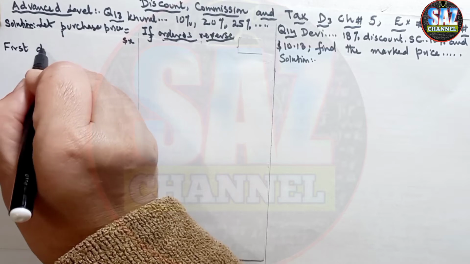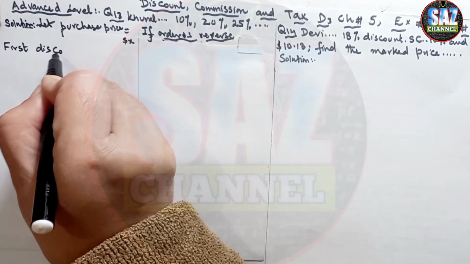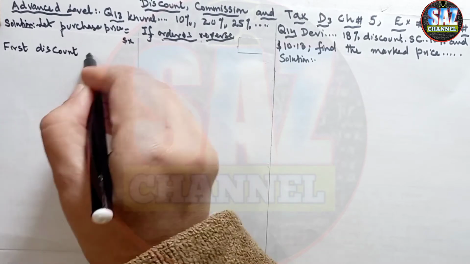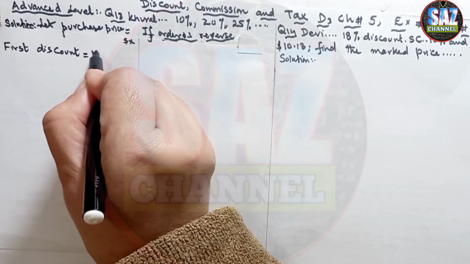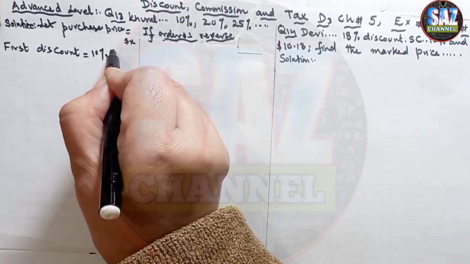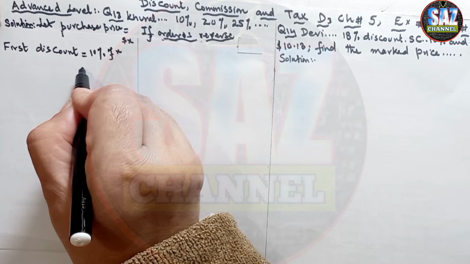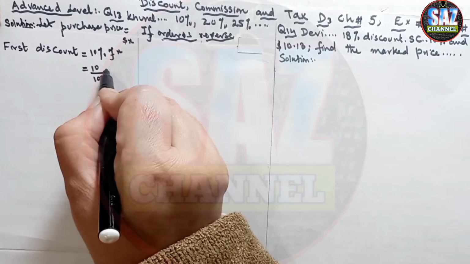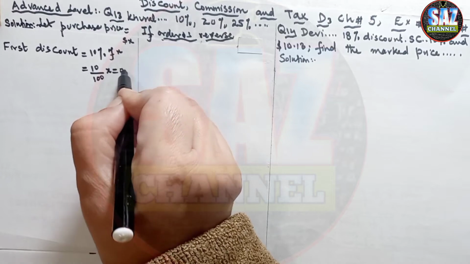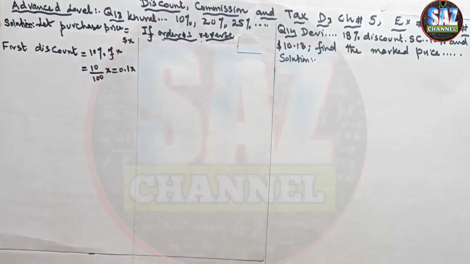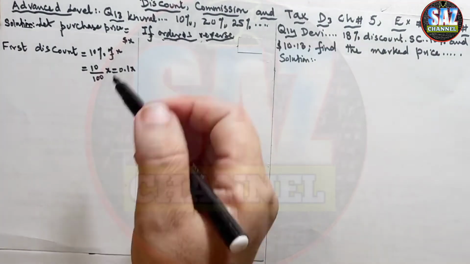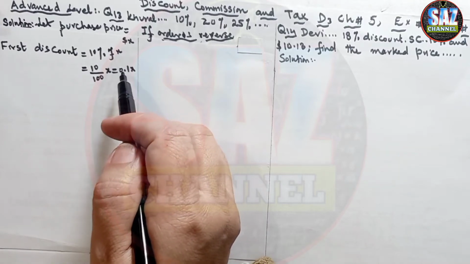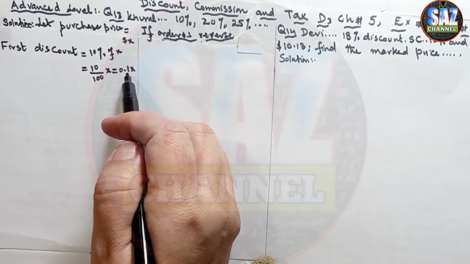First discount equals 10% of X, which is 10 over 100 X, and which is equal to 0.1x. Now it means that 10% discount gives him 0.1x deduction.